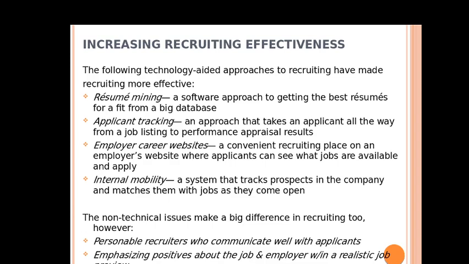Of course, most employers have websites nowadays, so you can just check the website and see some job opportunities. Internal mobility. It is a system that tracks prospects in the company and matches them with jobs as they come open. So as you can see, these are technology-aided approaches.